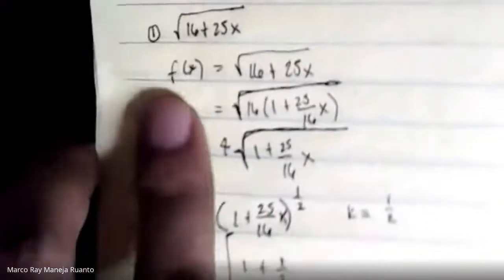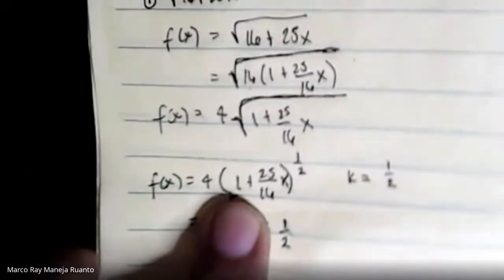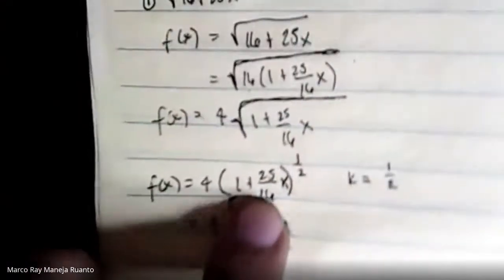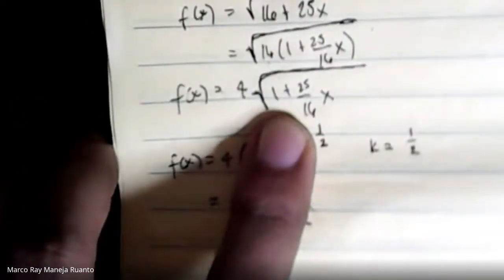So this is in terms of 1 plus 25 over 16x. Therefore, what we are going to plug in here, instead of x, is 25 over 16x.